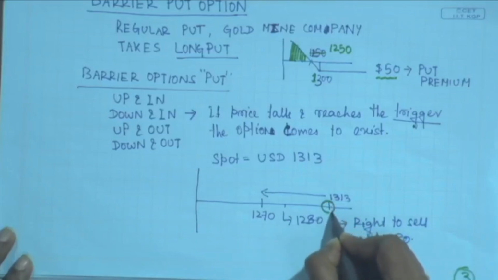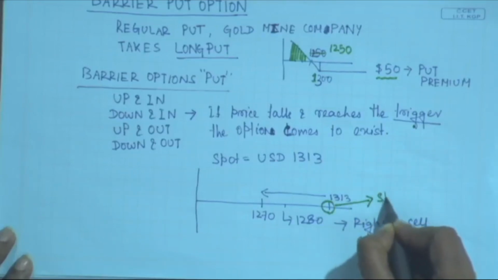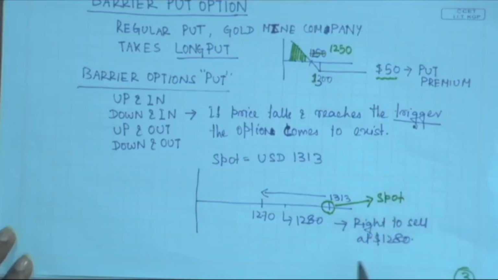Let's say our spot price is 1313, and the option says that if the price falls to 1270, that is the trigger price, the option will come into existence with a strike price of 1280. That is, the gold mining company will have the right to sell gold at 1280.